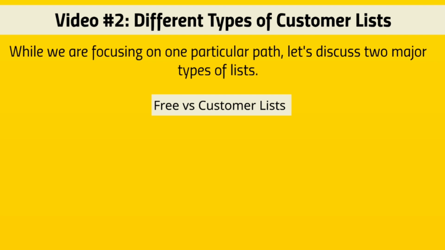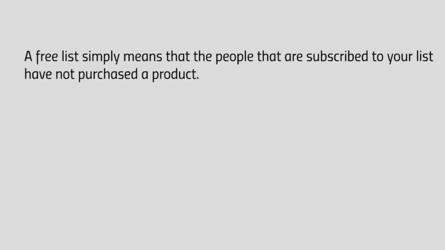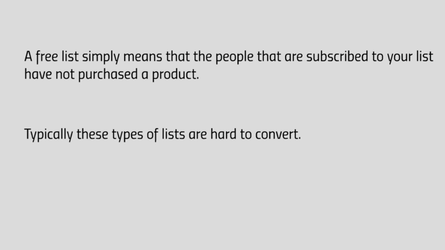So a free list, let me explain the differences. A free list simply means that the people that are subscribed to your list have not purchased a product. Imagine you get onto a landing page or a squeeze page and they're asking for your name and your email and that's it. You're not buying anything. That is basically what a free list is.